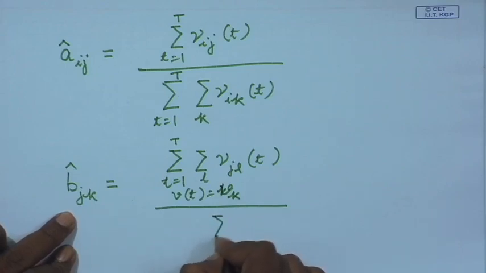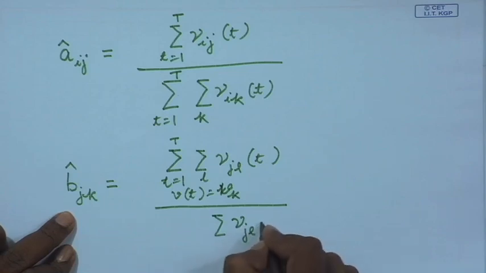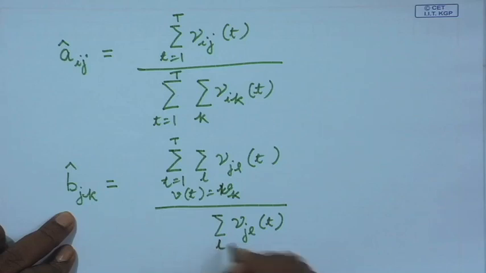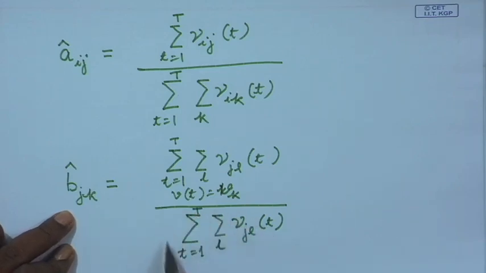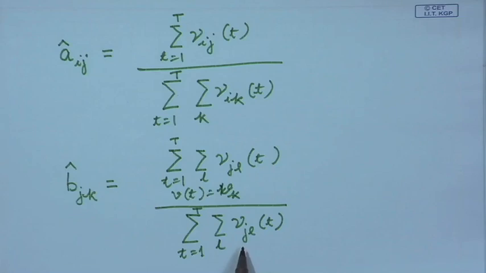the sum of gamma j l t, summation over all l, and I have to take summation over t equal to 1 to capital T. This denominator is irrespective of any symbol emitted from the state omega j.